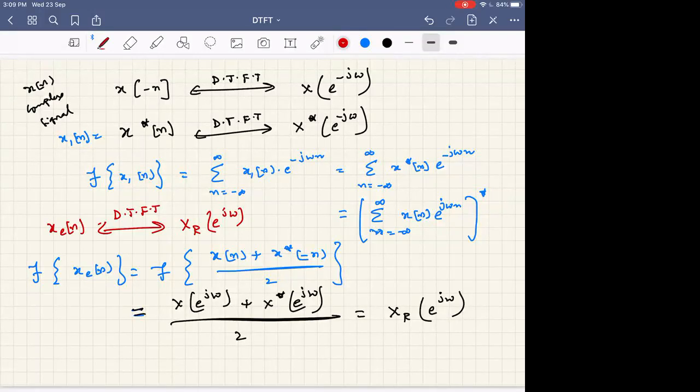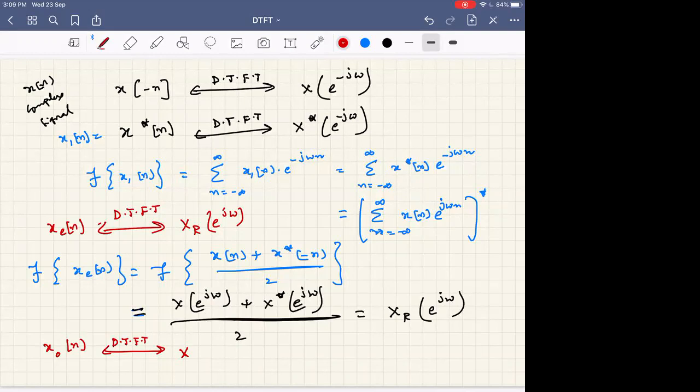Yes, sir. Similarly, you can see that the x odd part of n, its discrete time Fourier transform, will be equal to what? Odd part will be equal to x of n minus... x of e power j omega.